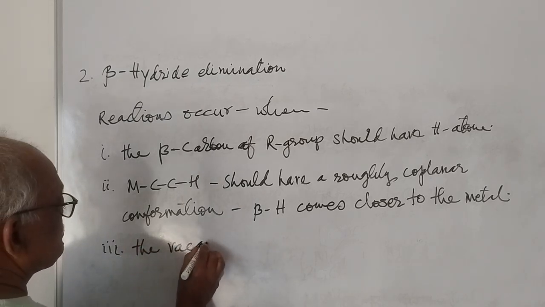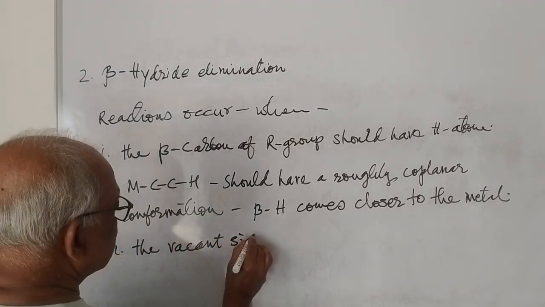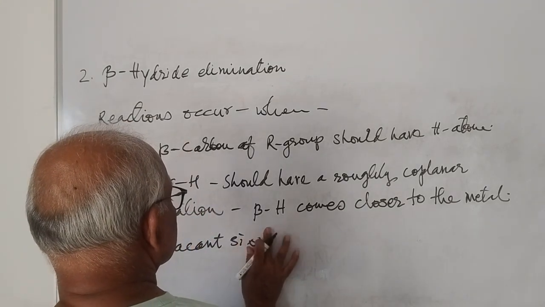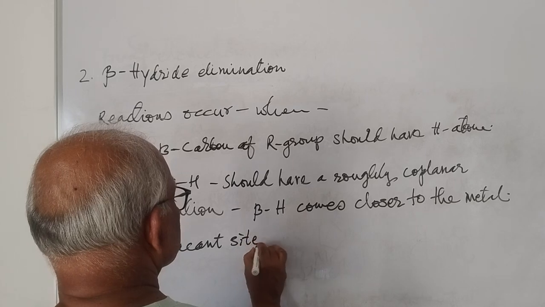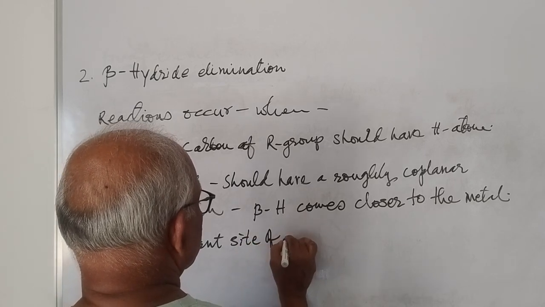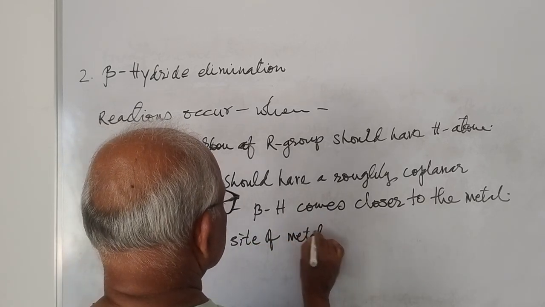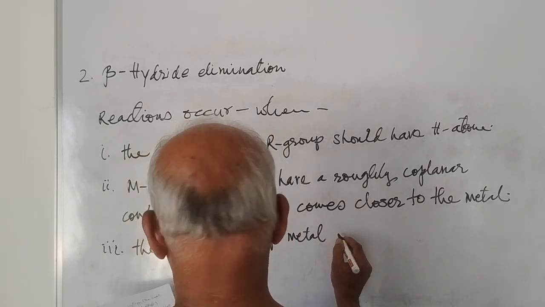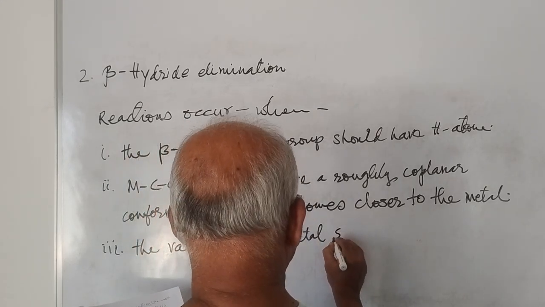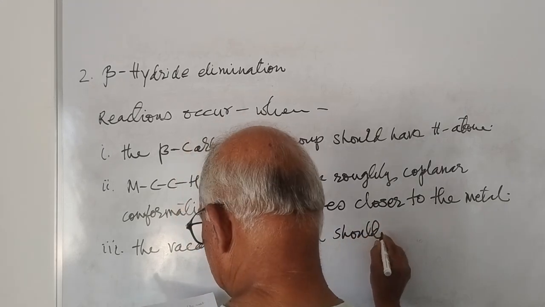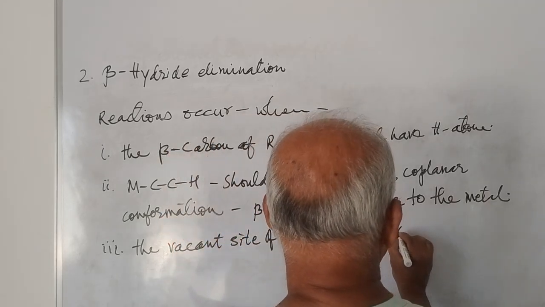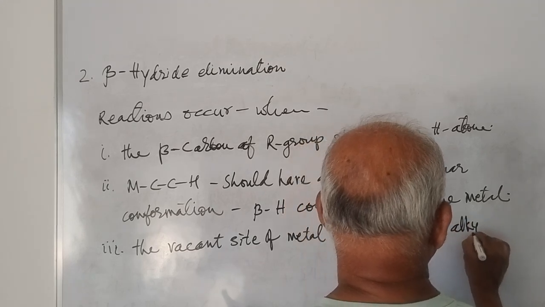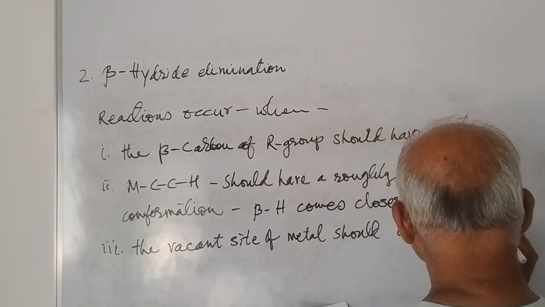The vacant site of the metal should be cis to the alkyl group.